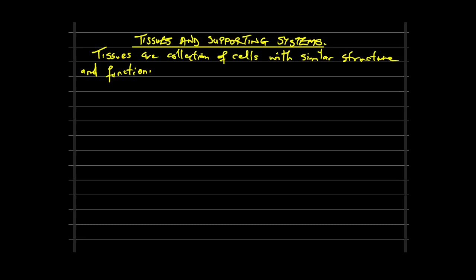We start by saying that all organisms have definite shapes and sizes, and these shapes are made possible by tissues that are arranged to form the supporting systems. That invariably tells us that if there are no tissues, we can have no system.